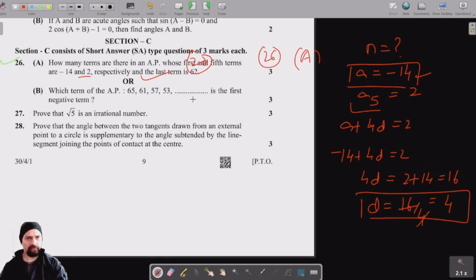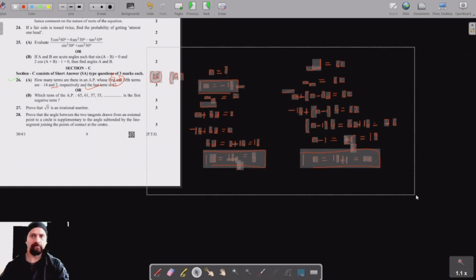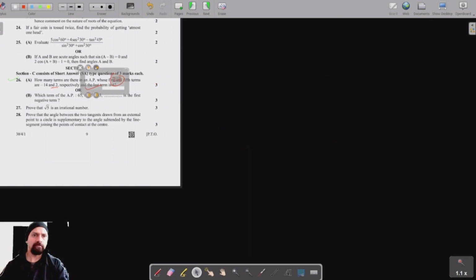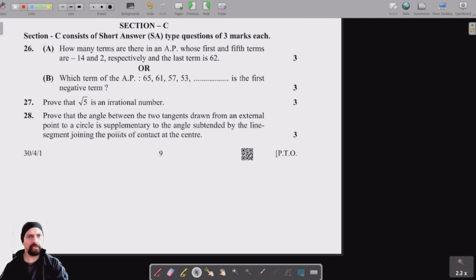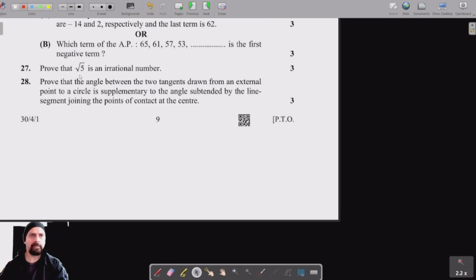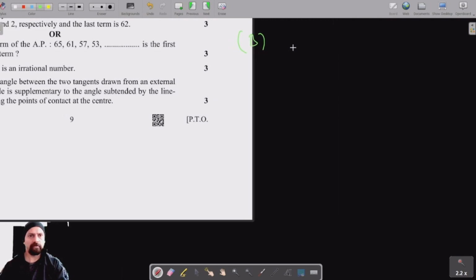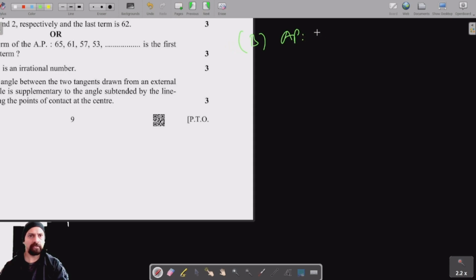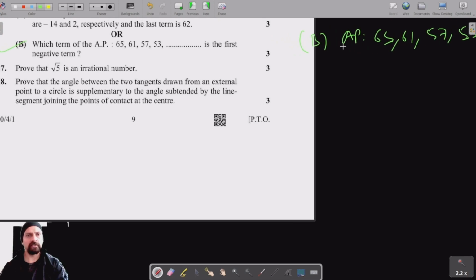For part B, we have to find the first negative term, and negative means less than 0. For this, the AP is 65, 61, 57, 53, and goes on like this.